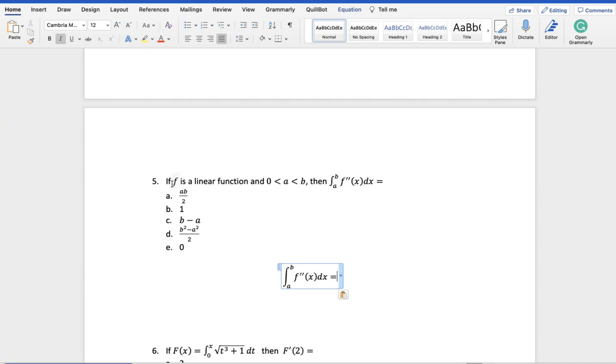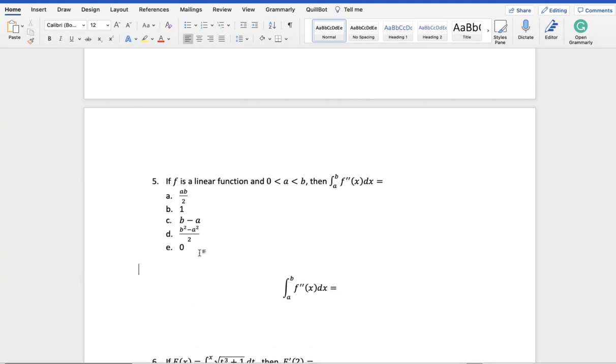So what is a linear function first? They say f is a linear function. What's the definition of a linear function? I think it's have a power of 1. Exponent 1.